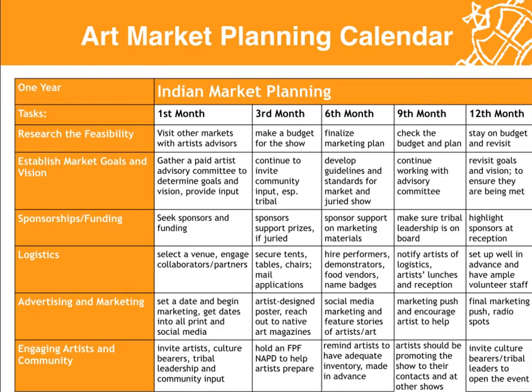The 6th month, just be continuing to check in with your artists, reminding them to have adequate inventory made in advance, and also making sure that everyone knows they're invited. Sometimes communication can break down over the course of a year, and so you want to be continually in touch with artists, checking your attendance, the application process that you've developed, and making sure that people are still interested in getting ready for your market.